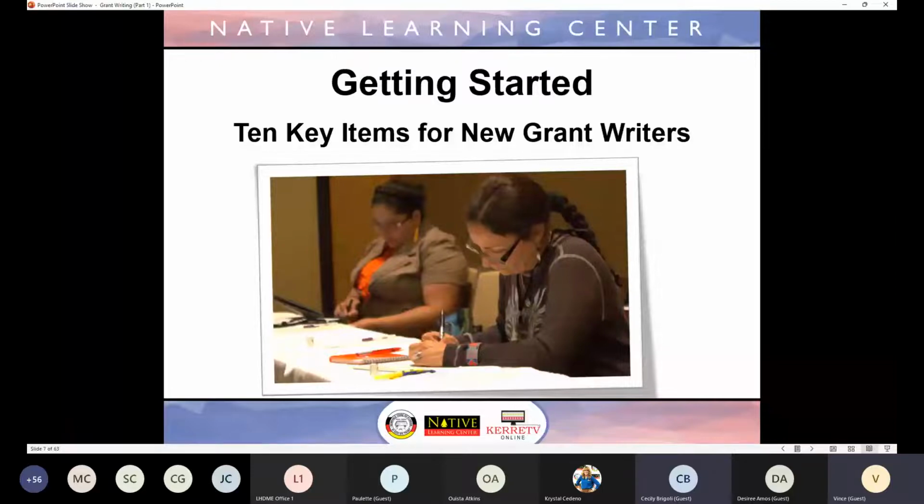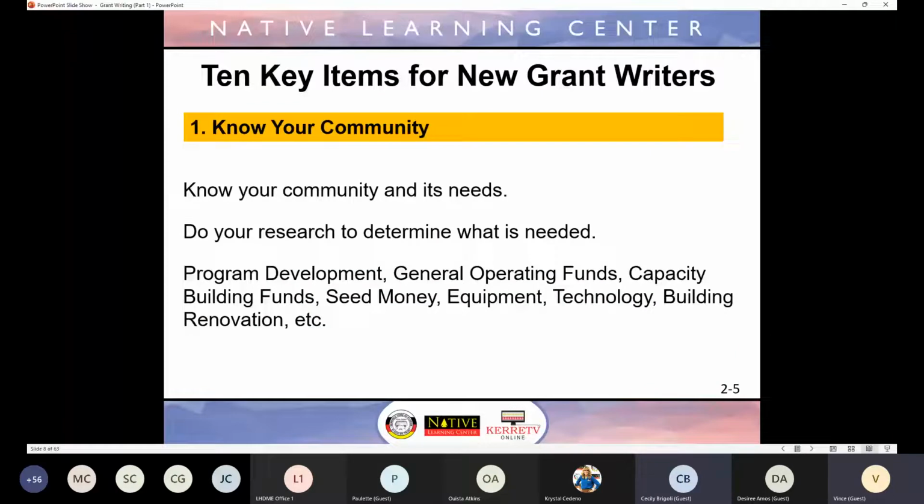Very first thing, know who your audience is, know your community. As the comment came in just a few moments ago, talking about soliciting the community, the more you know about them, the more you know about their weaknesses and their strengths and what their demands are, the better off you're going to be.